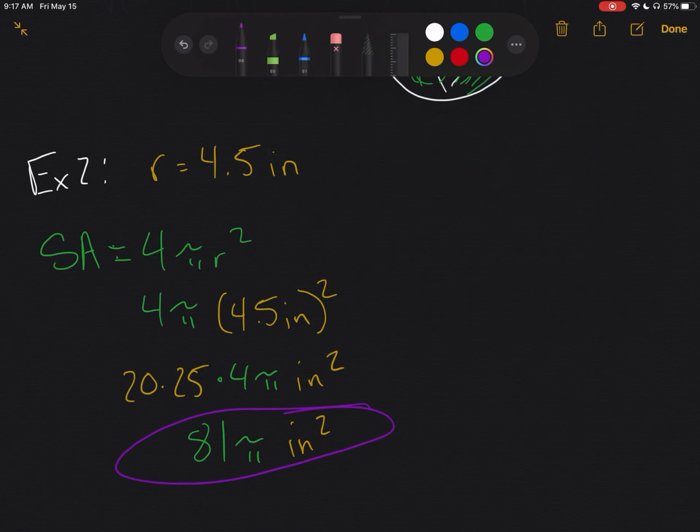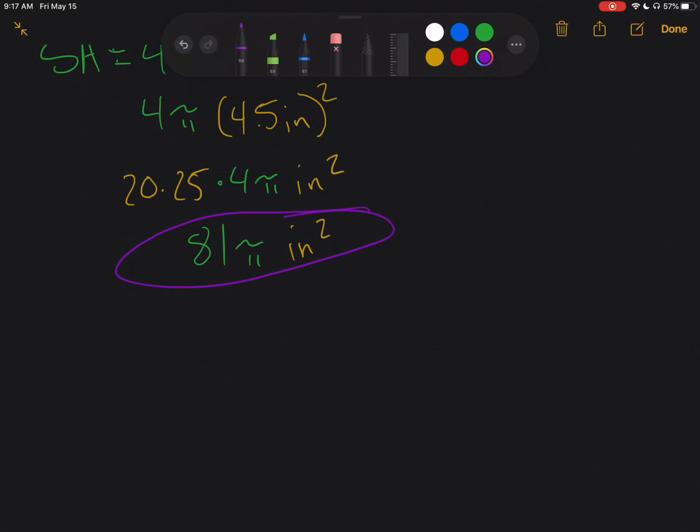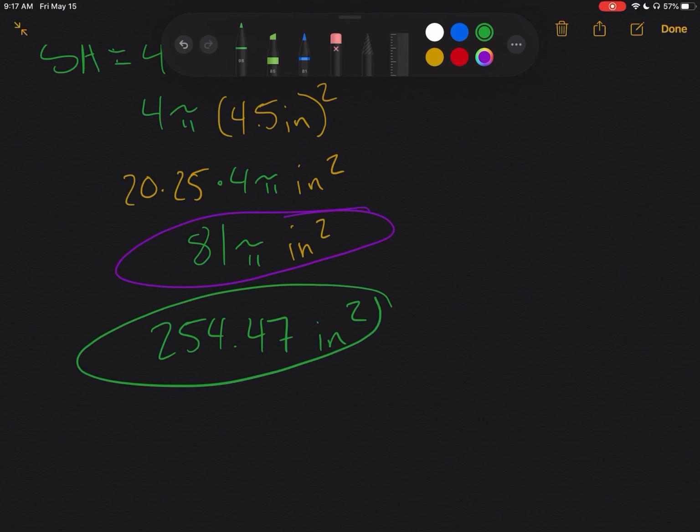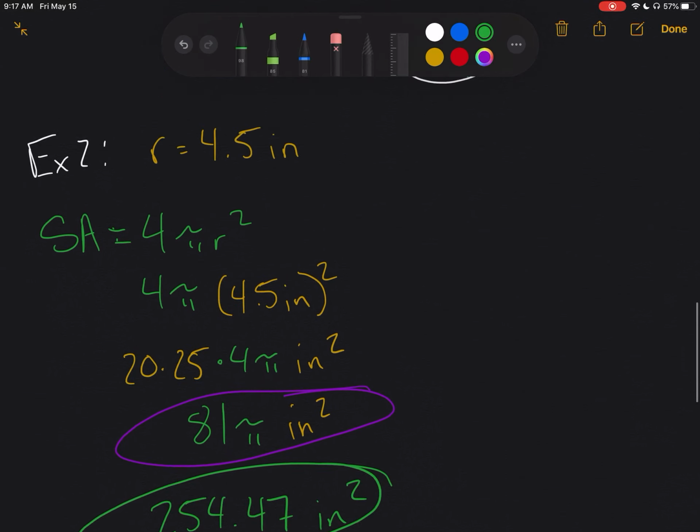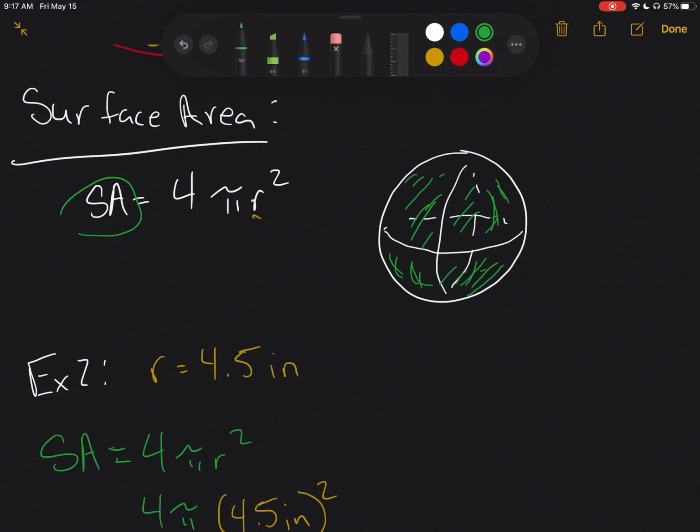All right, we haven't multiplied out the pi yet, and if we were asked for a decimal answer, then we just multiply by pi, and we'll get out 254.47 inches squared is the surface area of our sphere, right?